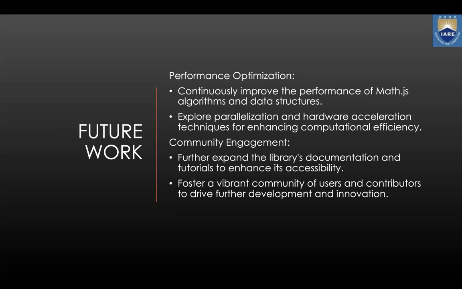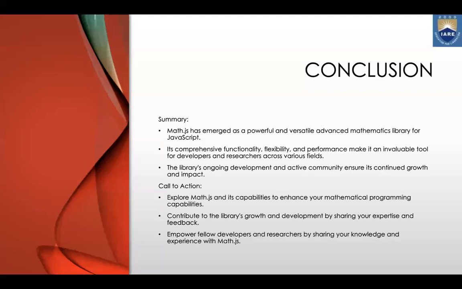That means expanding the library's documentation and tutorials to enhance its accessibility, because most of the people don't know what operations are included in that library. So proper documentation and tutorials may help in expanding the community, which will also foster a vibrant community of users and contributors to drive further development.